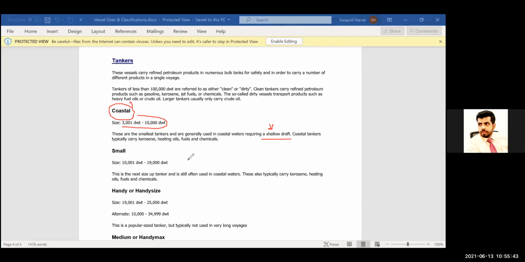For example, typically if I tell you what is draft, then let me just clear all drawings. Let me stop my screen and again I'll reshare with you. Just a moment, please.